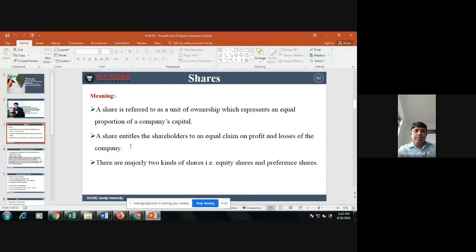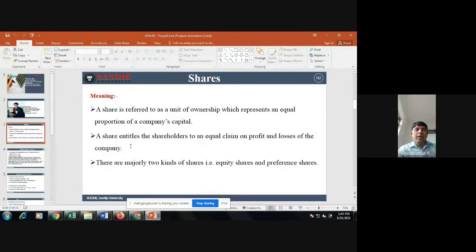In sequence, if term loans, debenture holders or bond holders are there, we repay the bank loan or debenture holders first. After that, preference shareholders have the right to get their capital back before equity shareholders. That is why it is called a preference share.